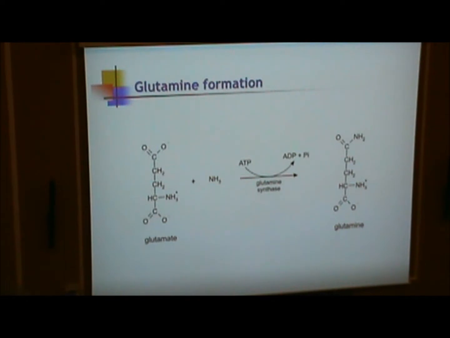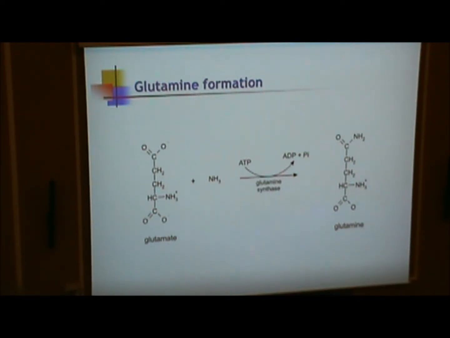So the carboxylic group is converted into an amide group. The reaction is catalyzed by glutamine synthetase, not synthase, but synthetase, glutamine synthetase. So under the action of glutamine synthetase, ammonia interacts with glutamate, producing glutamine. Glutamine is a protein amino acid. It's a very important substance.